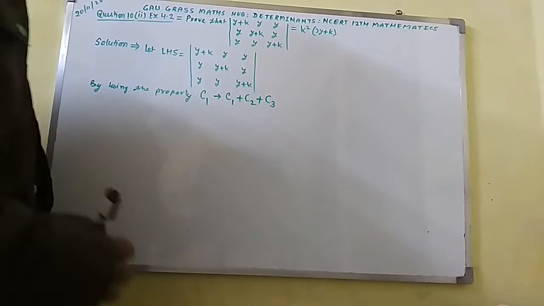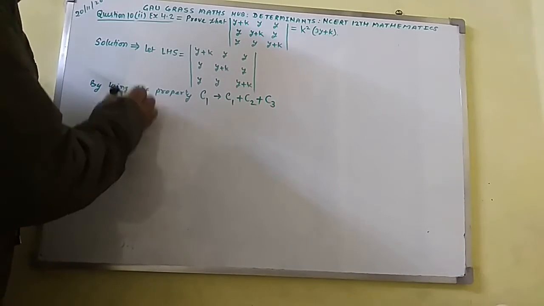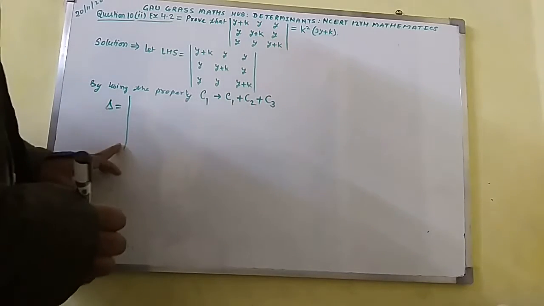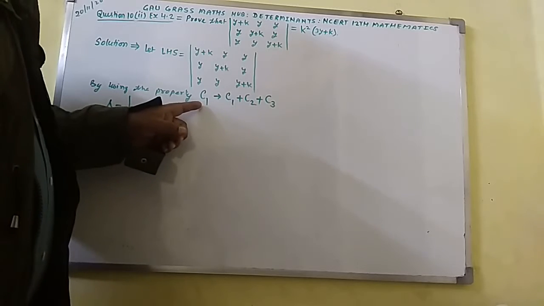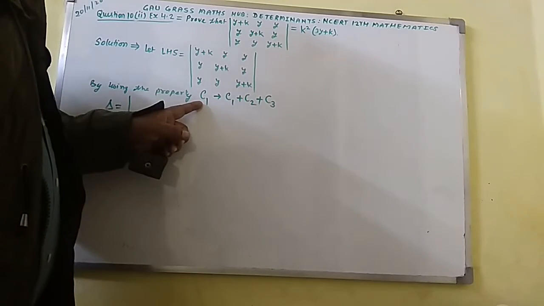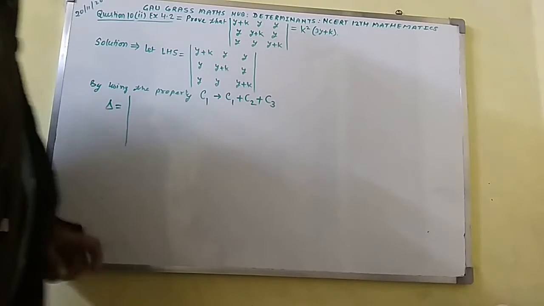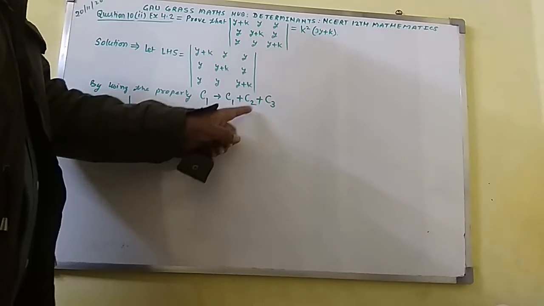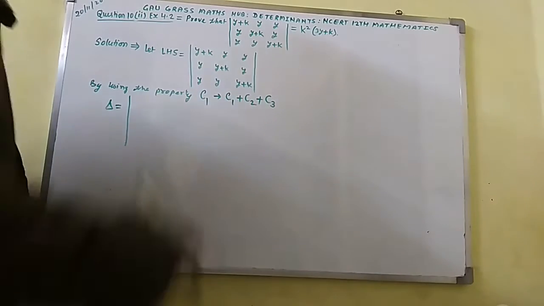This property I shall use here. Then the determinant will be equal to, here it says C1 goes to. This means that only changes will occur in the first column. There will be no changes in the second column and third column. That's why second column and third column I shall write as it is.